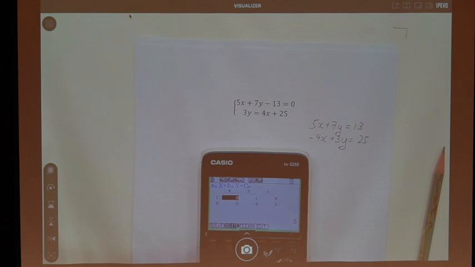And then after rearranging it, we can get into it.